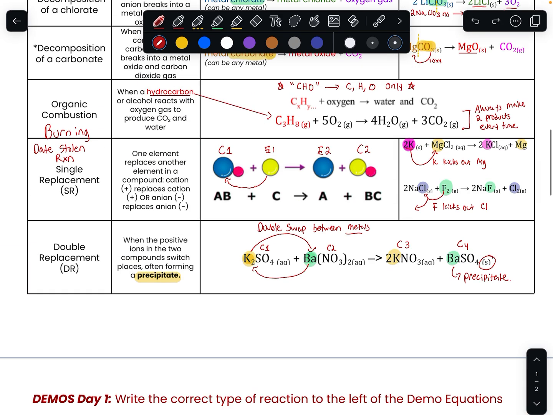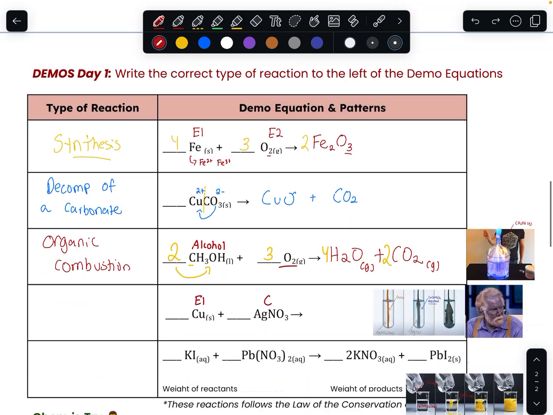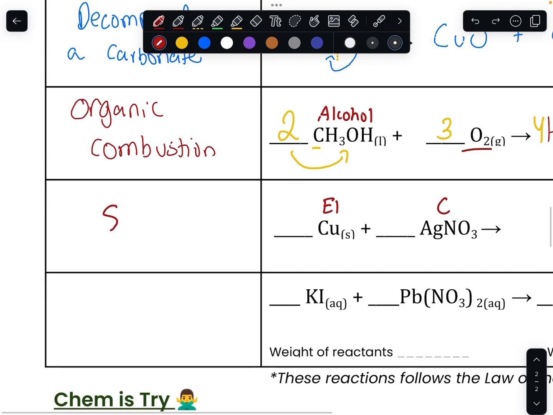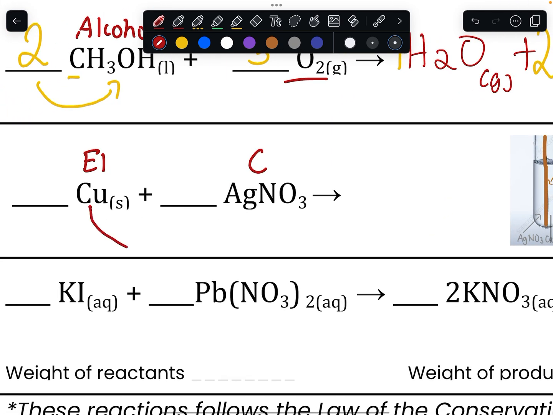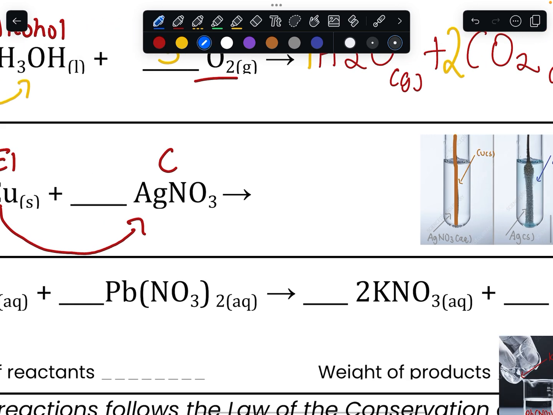So the pattern that this matches, an element and a compound reacting, is our single replacement, or SR for short. So if this is a single replacement, copper is going to come in, this one that's on its own, and kick out the metal in the compound. So this is going to make, in this case, copper 2 nitrate. That means we're going to need 2 nitrates here.